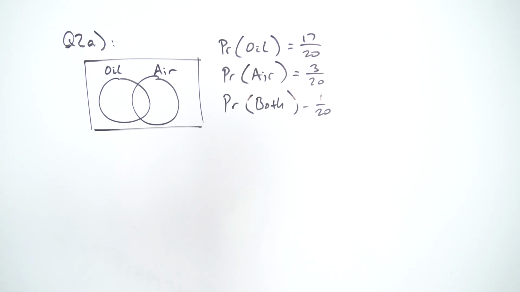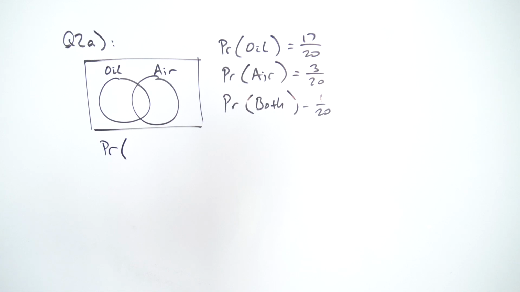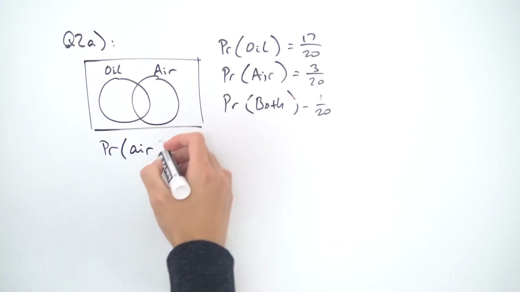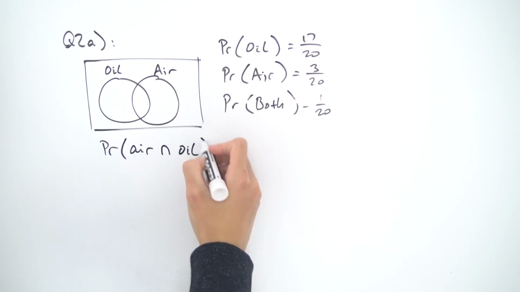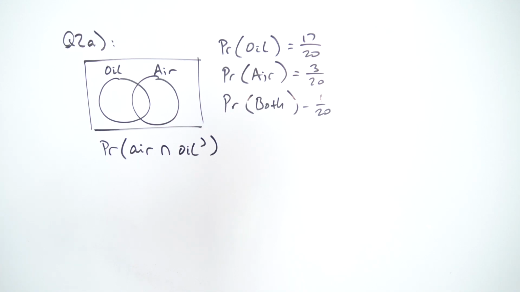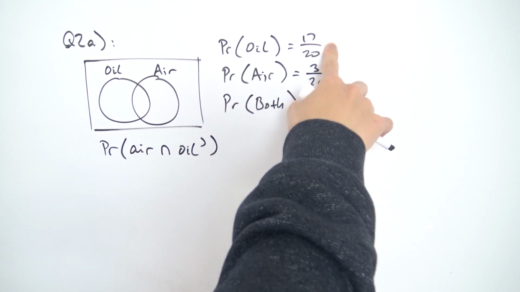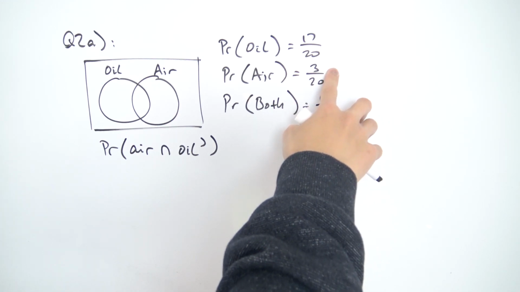So question 2 is asking us to find the probability that some car requires an air filter and no oil filter. So air intersect no oil, so oil prime, I guess. So we're given that the probability of requiring an oil change is 17/20. The probability of an air change, or whatever it's called, is 3/20.